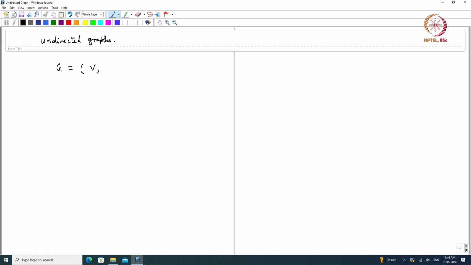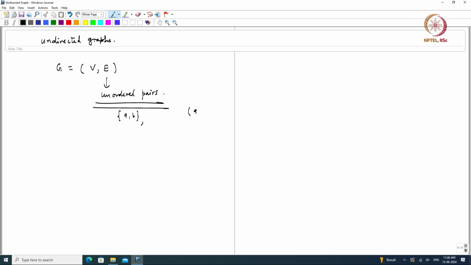An undirected graph is also a pair, a vertex set and an edge set, except that this edge set consists of unordered pairs. Technically, you can represent an unordered pair by AB.